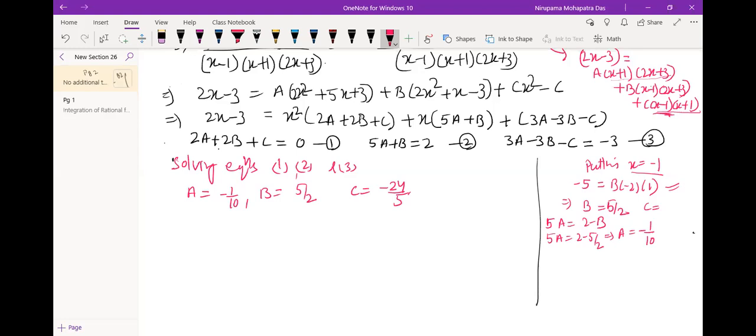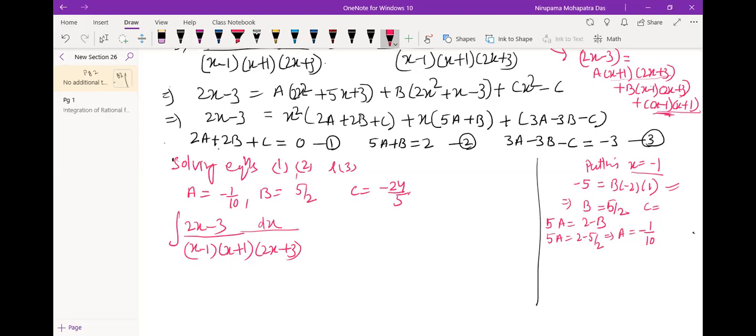So now we have the integral of (2x minus 3) divided by (x minus 1)(x plus 1)(2x plus 3) dx. Okay, this is the question.